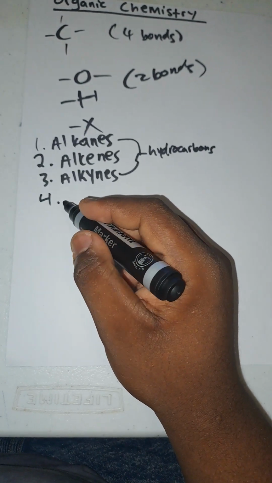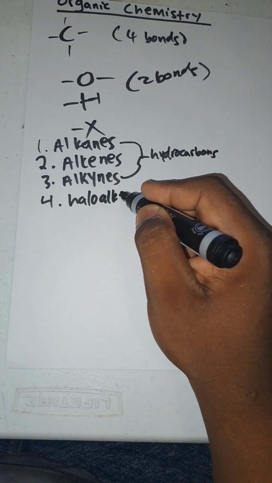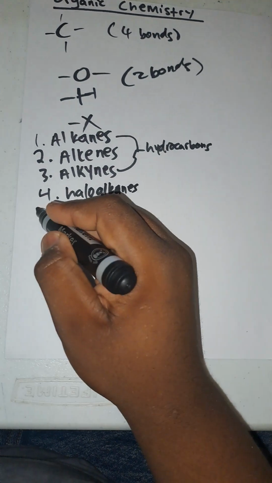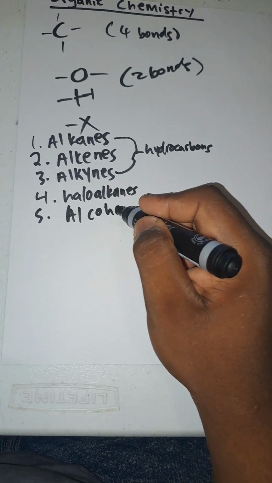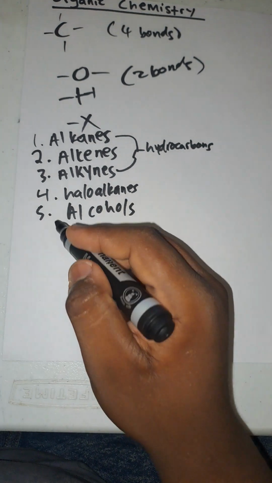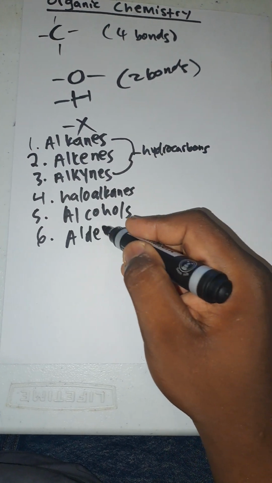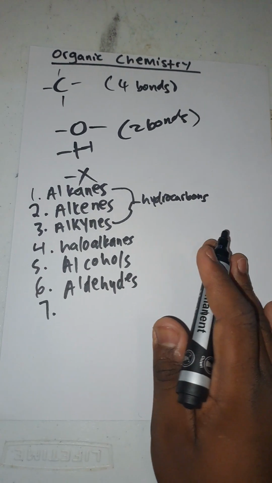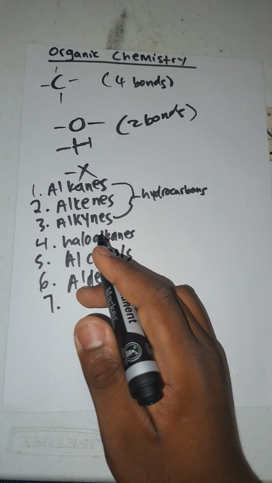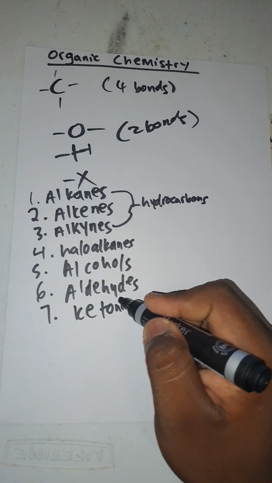Number 4, we have haloalkanes. Number 5, we have alcohols. These are the things that we'll be dealing with. Number 6, we have aldehydes. Number 7, we have ketones.